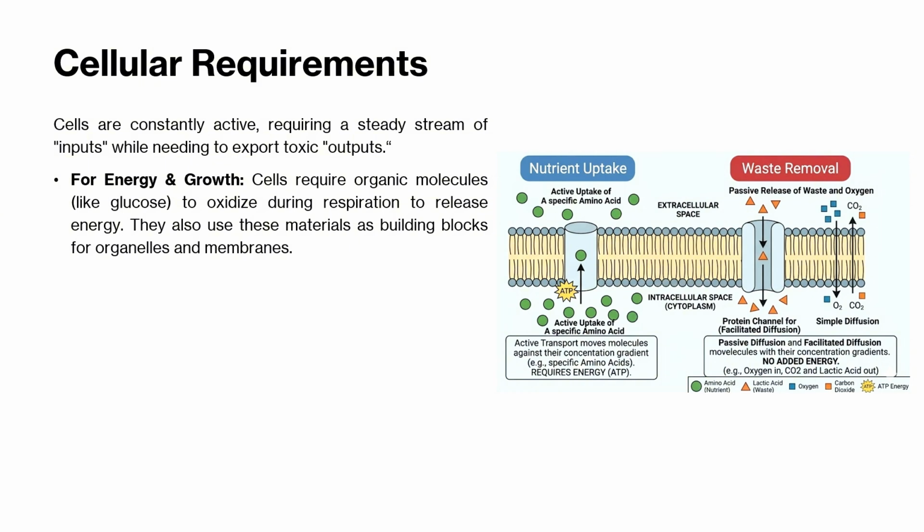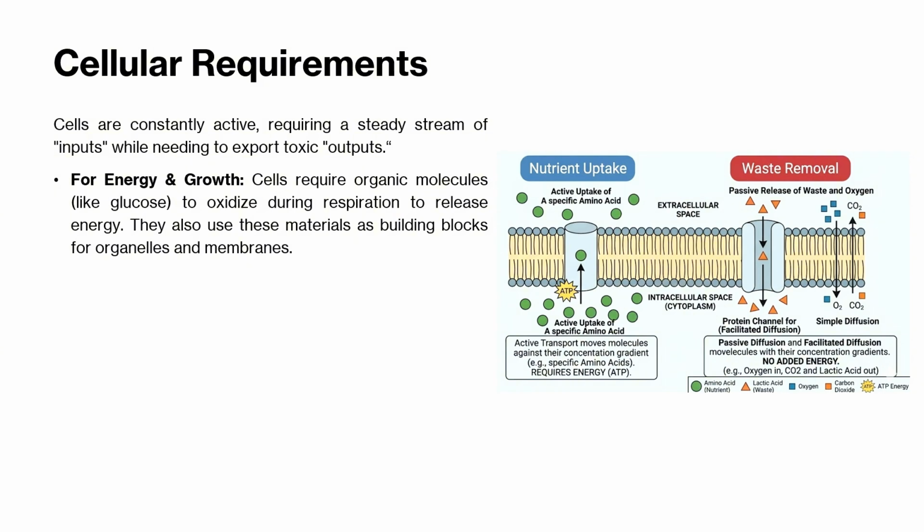So first of all, let's talk about energy and growth. Just like you need fuel for a car, cells need organic molecules, the most famous one being glucose. So they use this glucose for respiration to release energy. They also use these molecules as building blocks to grow and repair their parts like their organelles.